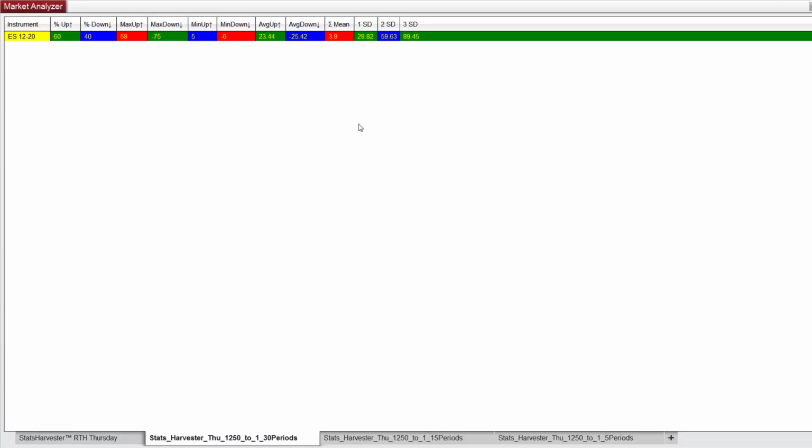Look at the standard deviation of the furthest two look-back periods. Here's the 30-day look-back period at 29.82. Here's the 15 look-back period at 22.74. So we have relative consistency in the standard deviation. It's not like the 30 look-back period is 29.82 and the 15 is 8.